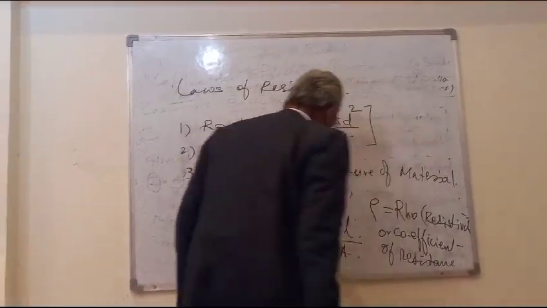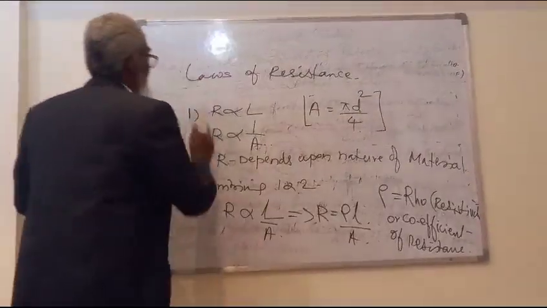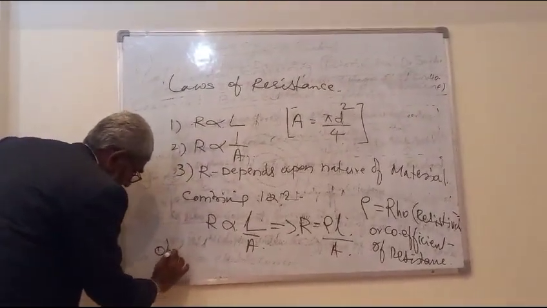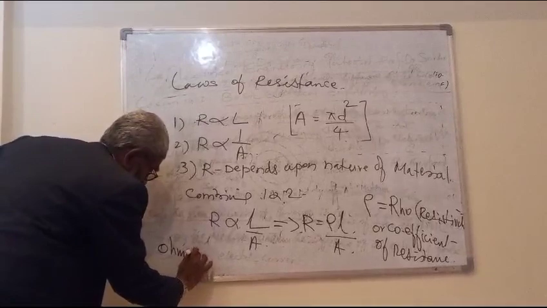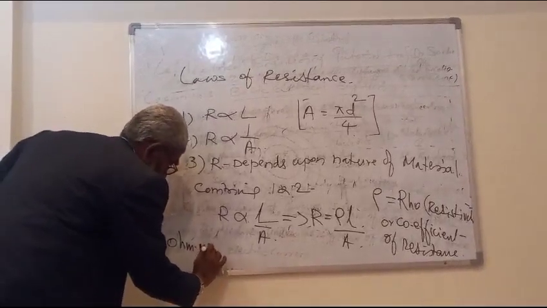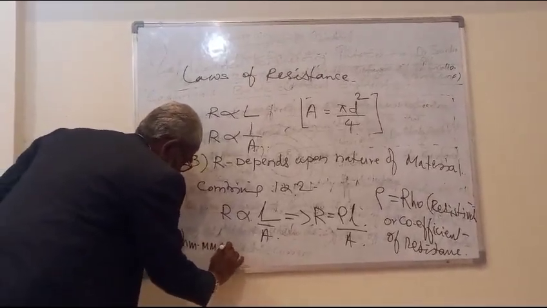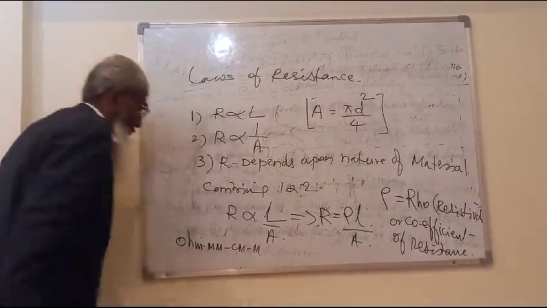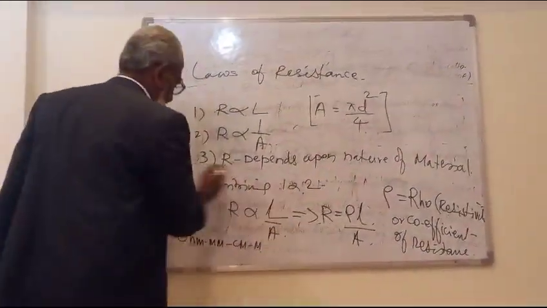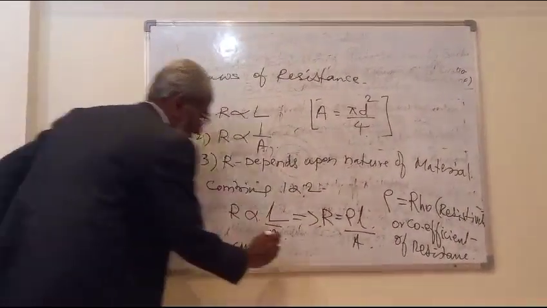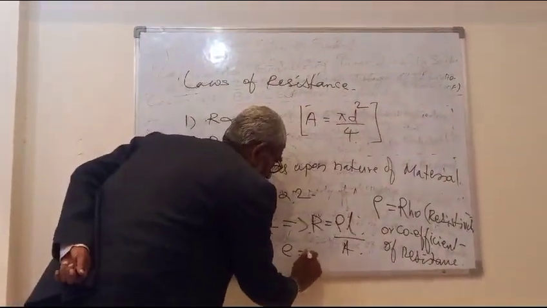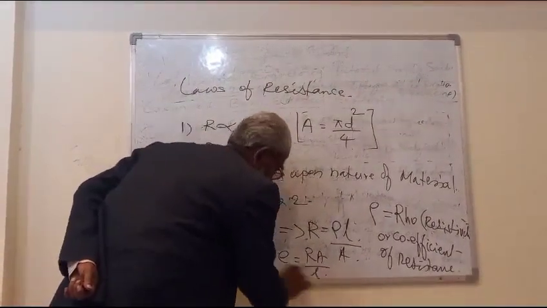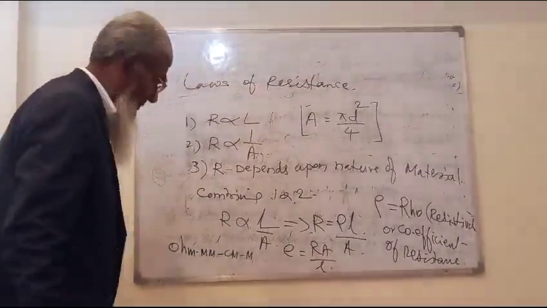Coefficient of resistance, which will be measured in ohm millimeter or ohm centimeter or ohm meter. How? Because its formula will be rho is equal to R a by L, if you manipulate the equation.